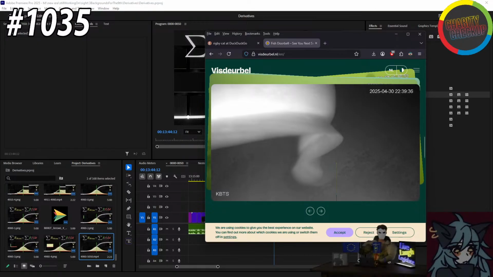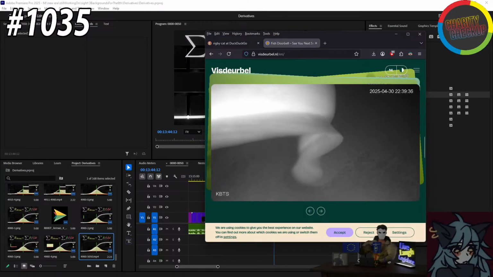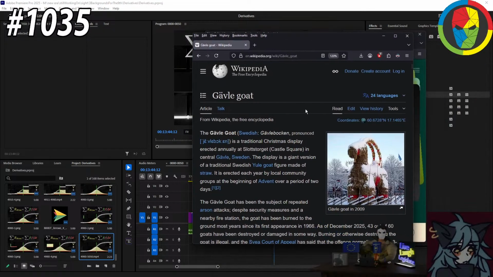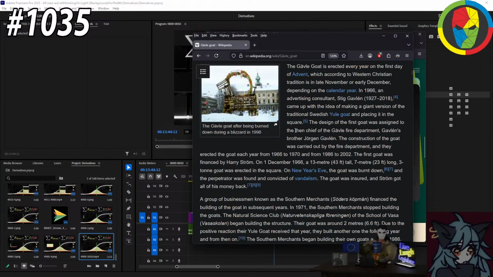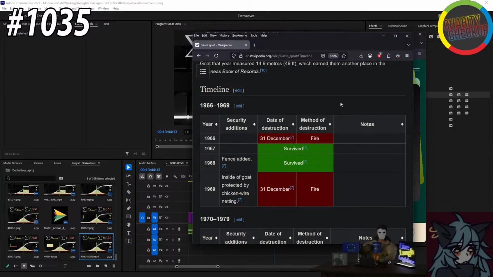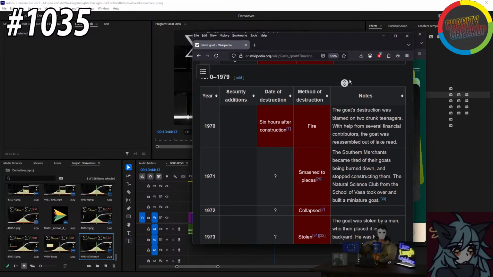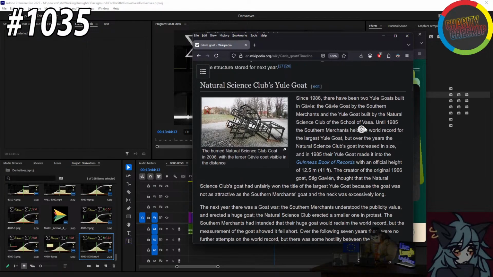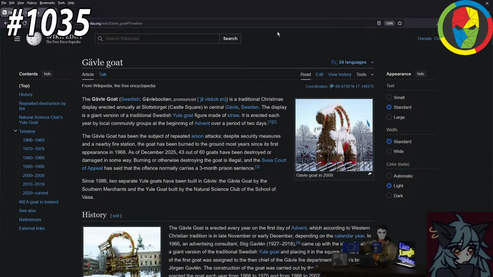Look up the Wikipedia page for it. I just did, and I don't understand. It's a goat that they ban. Hold on. It's like a big goat. It's Swedish. No, jeez, they're blowing up a whole bunch. The timeline. There's a timeline. Hold on, because this actually made it out to be a lot more interesting and comical than I originally thought.